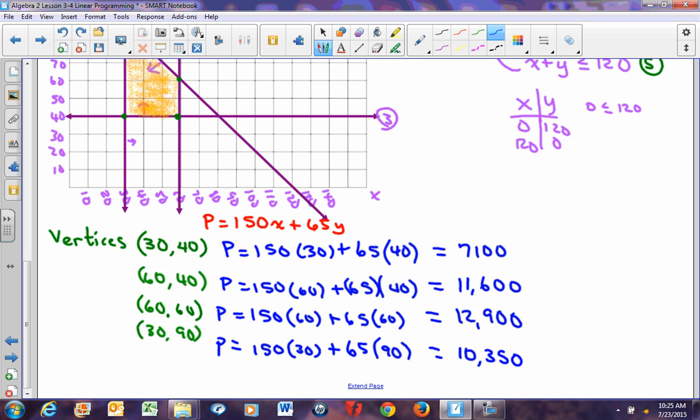So it asked me to figure out how many tables and chairs should we make per day to maximize the profit, and what is the maximum profit. Looking at this, we can see we make the most money right there.